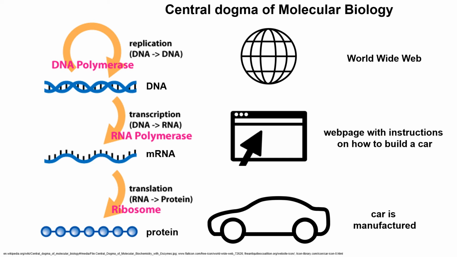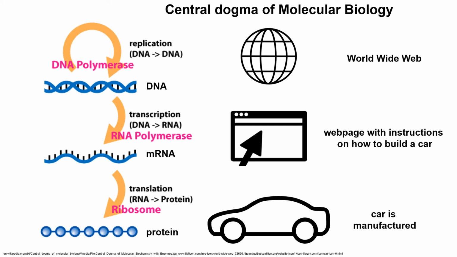What is that? It's very similar to a web page on the World Wide Web that gives you instructions about how to build something. Let's give an example: how to build a car. Now, this messenger RNA will then be translated into a protein. And that's similar to using the information on a web page to manufacture something like a car.